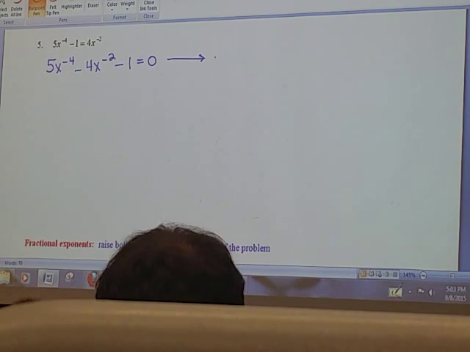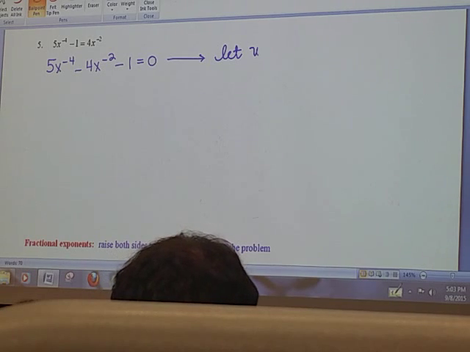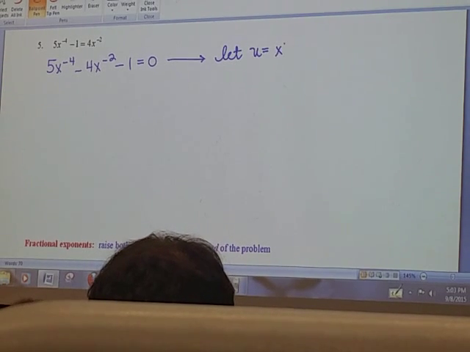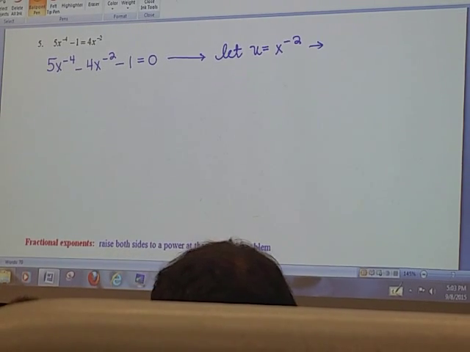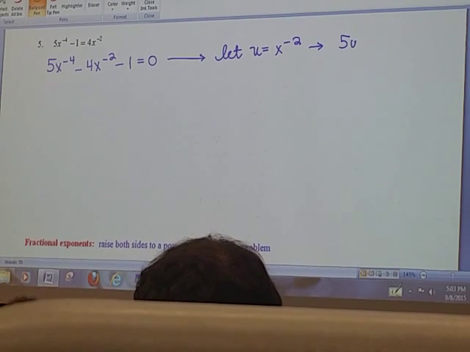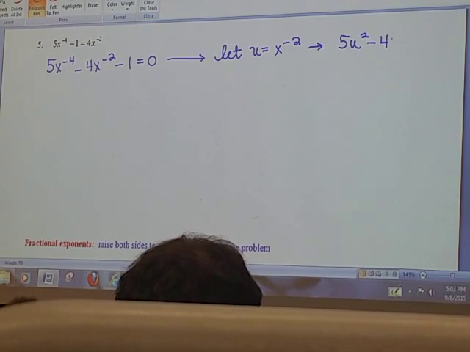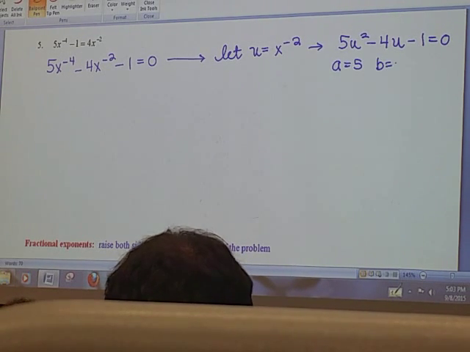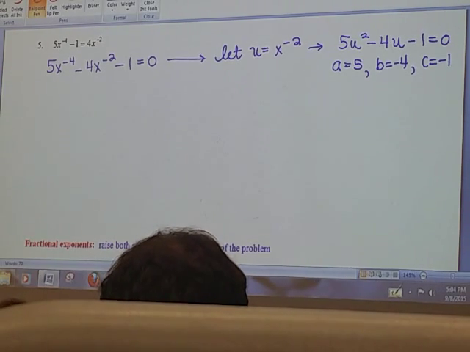So let u be what? Yeah, x to the negative 2. So I have 5u squared minus 4u minus 1 equals 0. A is 5, b is negative 4, c is negative 1.